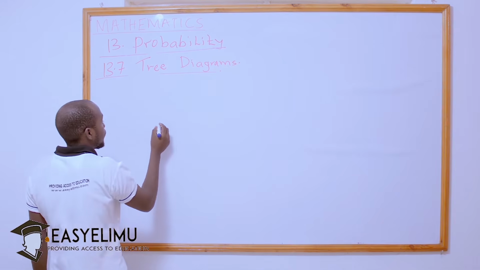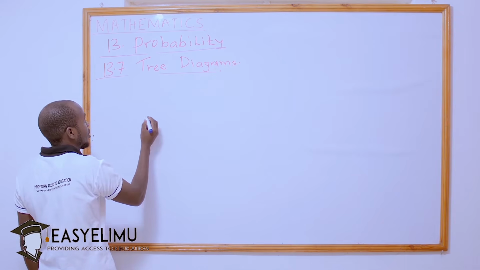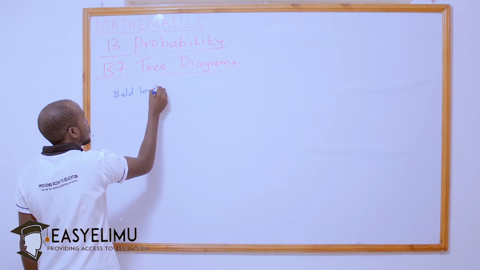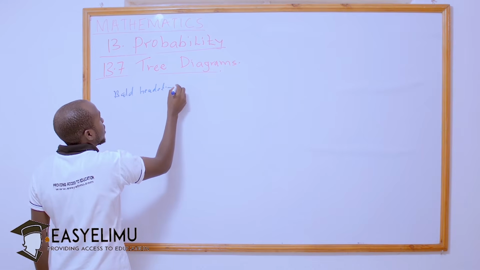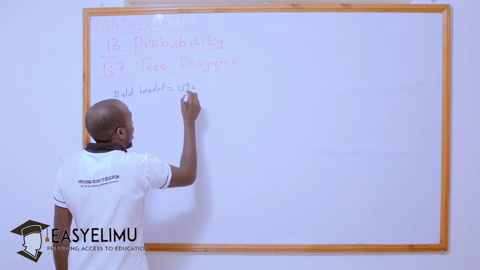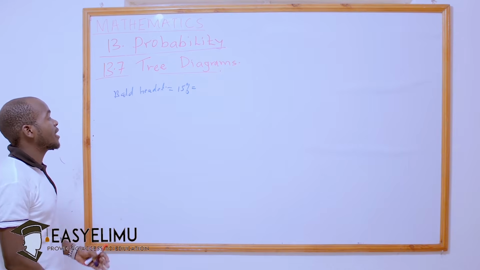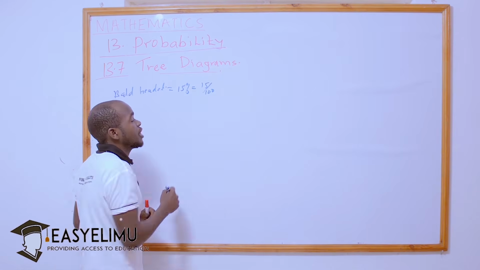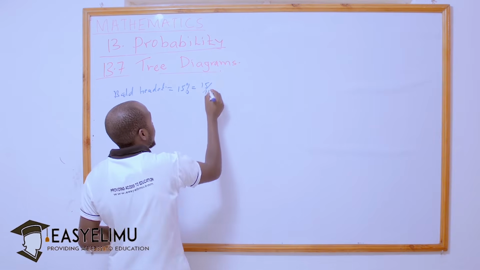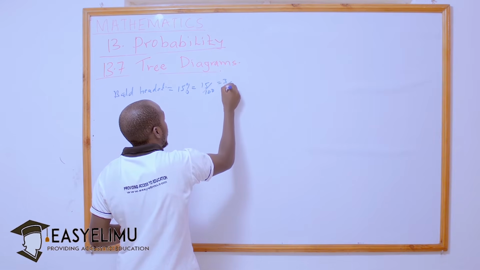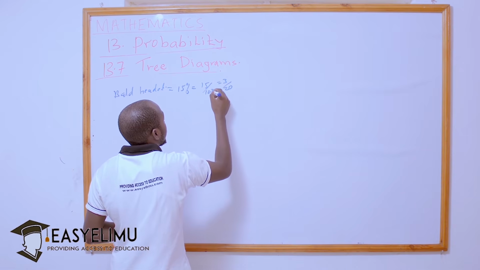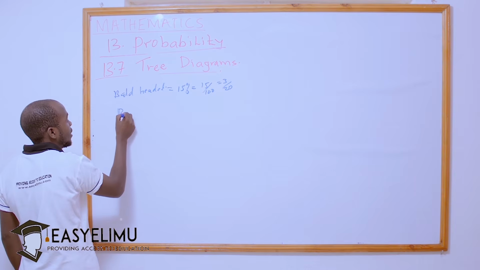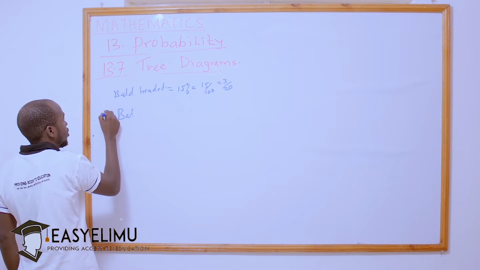If you are bald-headed, the probability of getting that bald-headed person is 15%. So 15 over 100 as a fraction gives you 3 over 20.